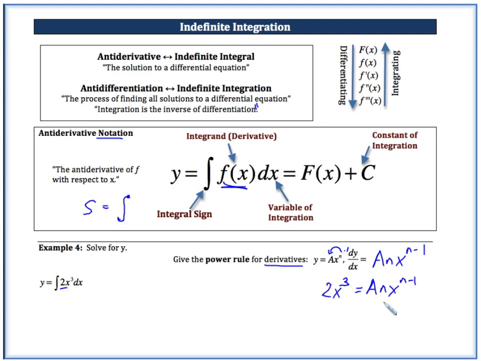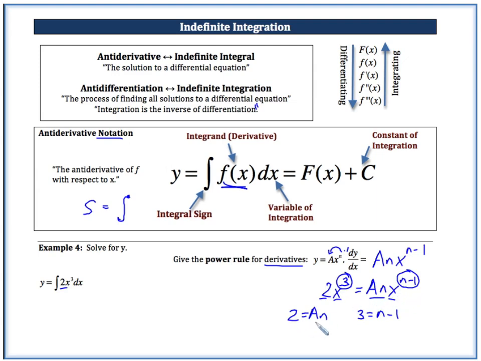And let's go ahead and start comparing parts here. So this 2 is equal to an. Okay, we can see that right there. And then this 3 up here is going to equal n minus 1. And then the x, of course, is just our variable, so we don't do anything with that.